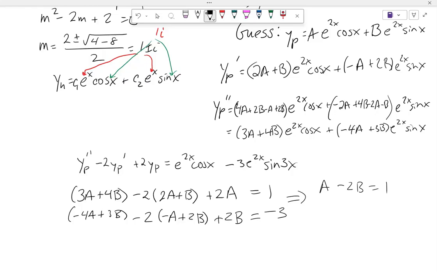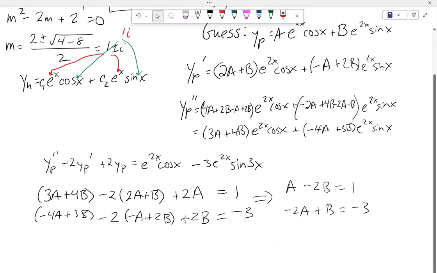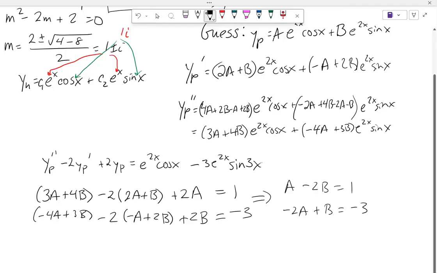Negative 4 plus 2 gives me a negative 2A. 3 minus 4 gives me negative 1 plus 2 gives me a positive 1B. So far, so good. This is not a bad system to solve. You can solve for one variable, plug it into the other, or just do elimination. I'm going to take 2 times the first equation and add down to get rid of the A's.